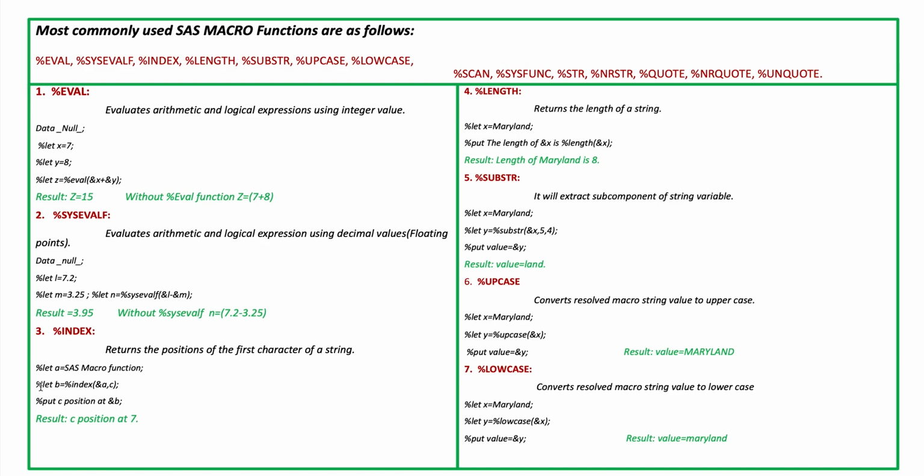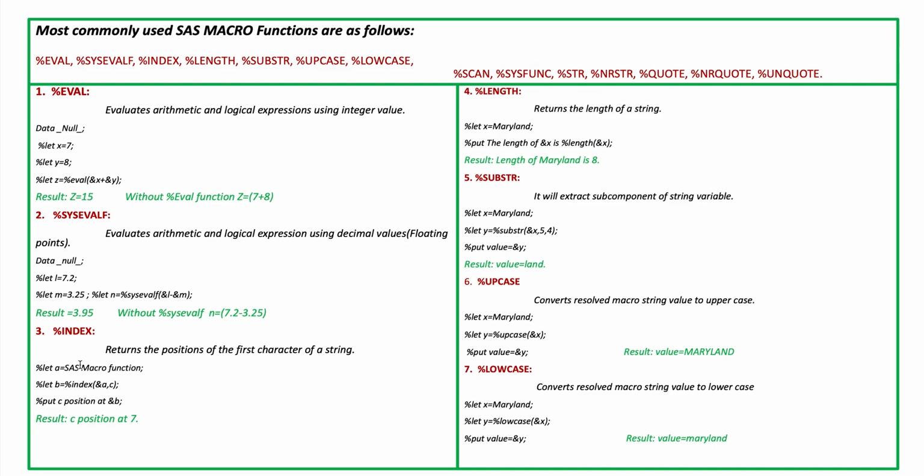In this example, we are going to identify the position of the first occurrence of the character c in this macro variable value, and we are going to print that value in our log window. That's why %put c position is &b.